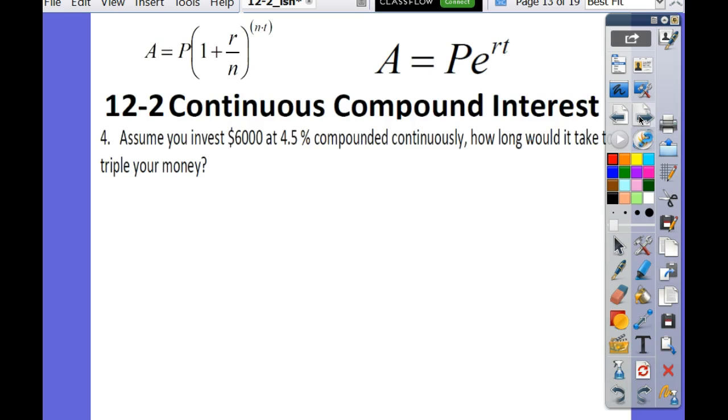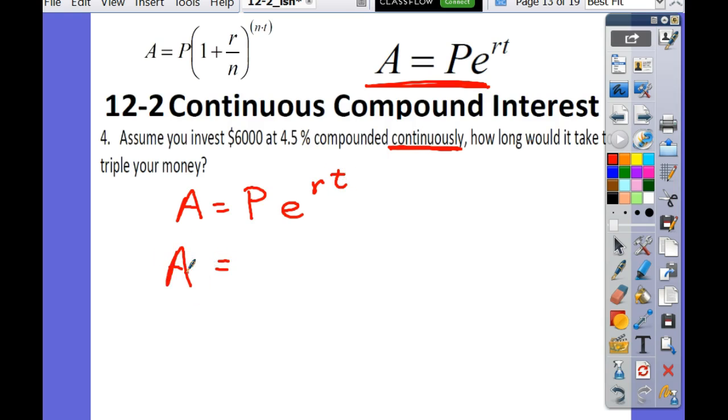So on your homework paper, would you look at problem number 4? That's the one that has the problem stapled together. If you see the word continuous, you use what is sometimes called the PERT equation. In problem number 4, where am I going to put the 6,000?